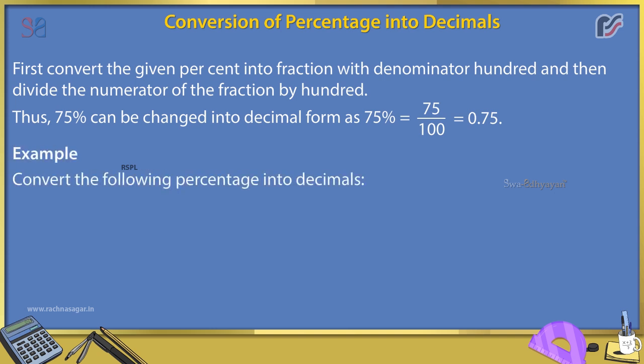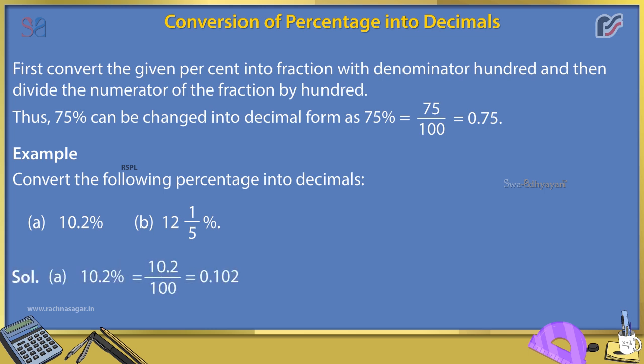Convert the following percentage into decimals. A. 10.2%. B. 12 and 1 by 5%. Solution. A. 10.2% is equal to 10.2 by 100, which is equal to 0.102. B. 12 and 1 by 5% is equal to 12.2%, which is equal to 12.2 by 100, which is equal to 0.122.